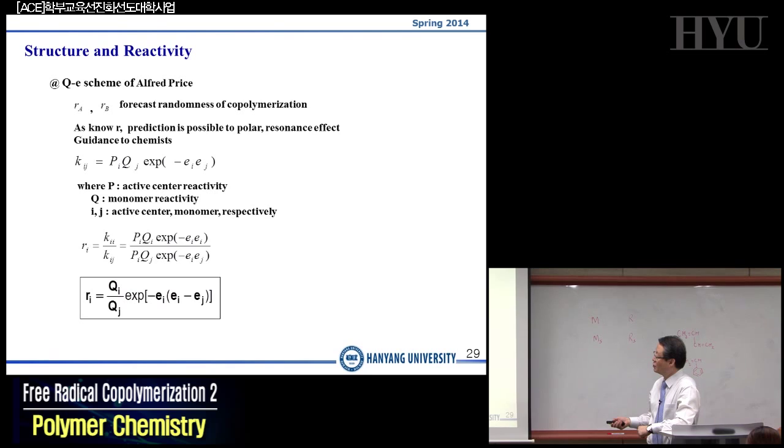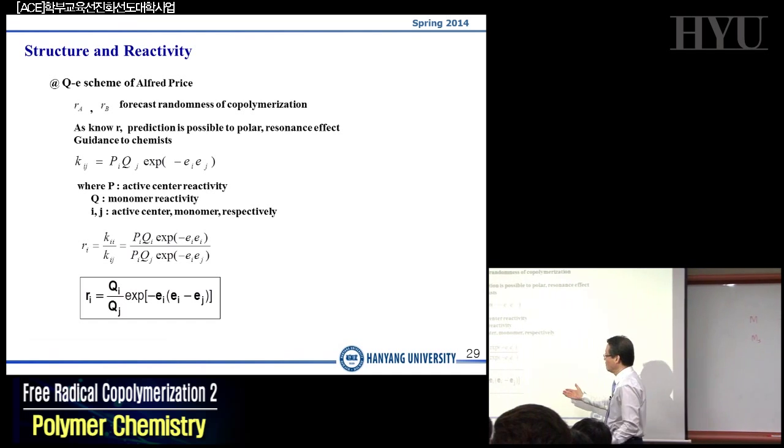Therefore, if you know the monomer reactivity Q value and E value, you can calculate the R value. That's what Alfrey and Price suggested in the QE scheme.